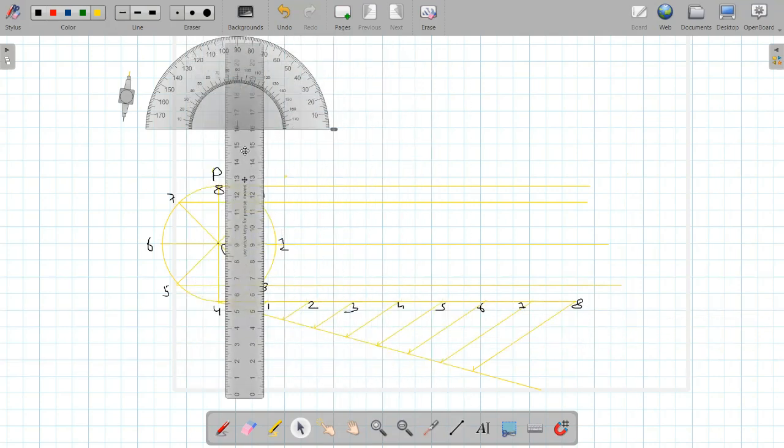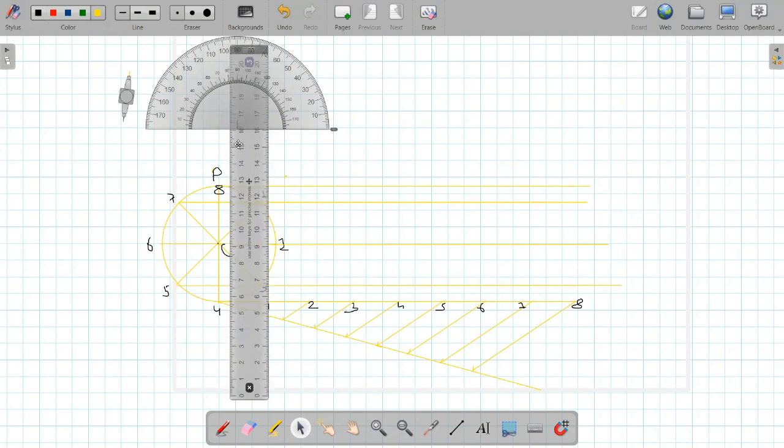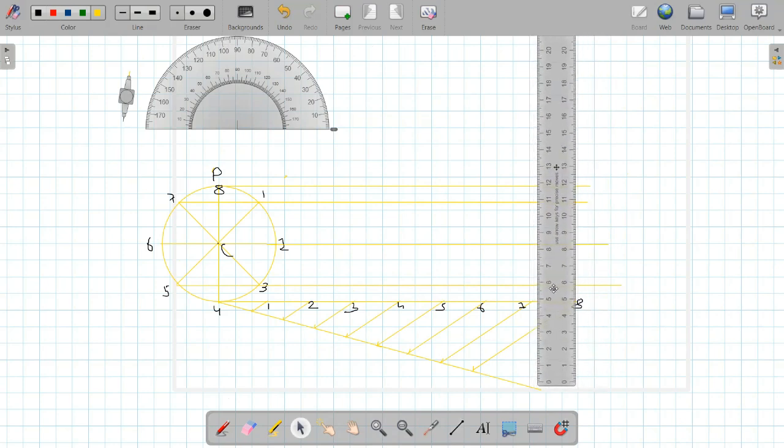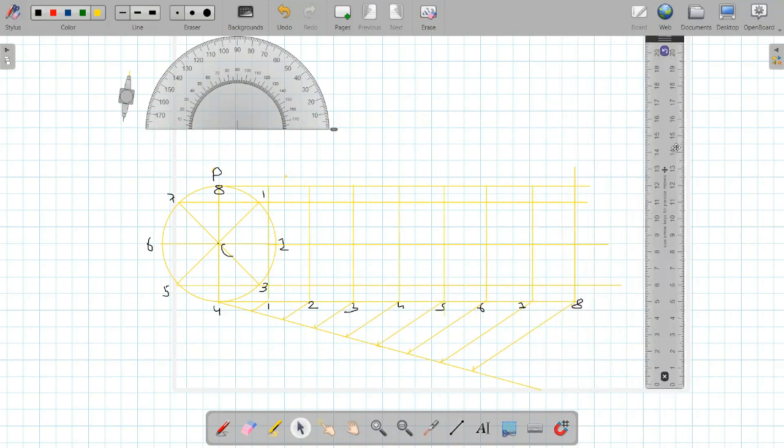Similarly, from all these points, we have to draw vertical lines. Now, wherever they intersect the center line, we name those points C1, C2, C3, and so on.